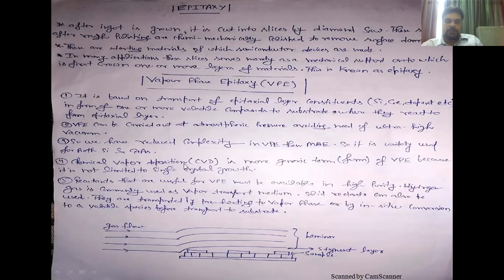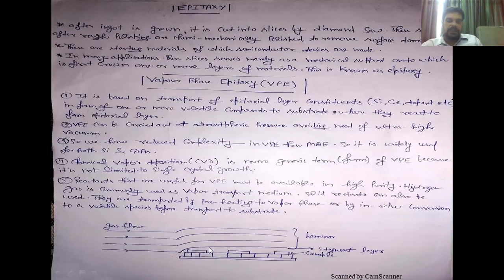It should be clear, because whatever constituents are there in this layer will not move, or will move with very small velocity. So they will not be properly distributed onto the sample. This is the layer that is called stagnant layer or boundary layer. There are certain problems associated with it.